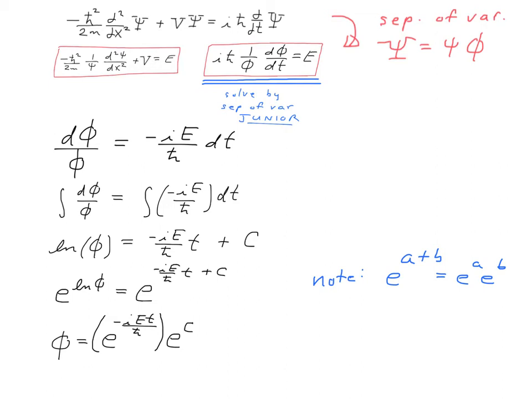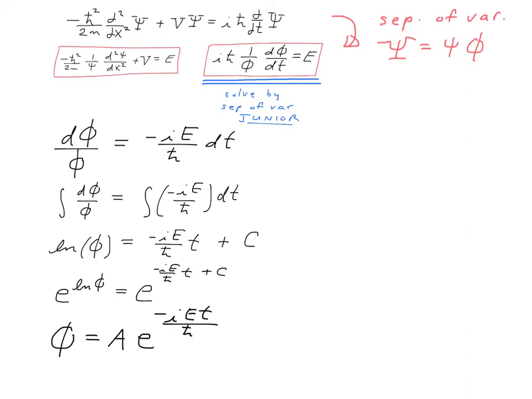Let's call that constant a. So now finally we've solved our time-dependent equation for phi and gotten a solution for that. So let's take stock of where we are. In our original Schrodinger equation, we had capital psi, which could depend on position and time, and we tried a solution in which there was a space part and a time part that were separated out.